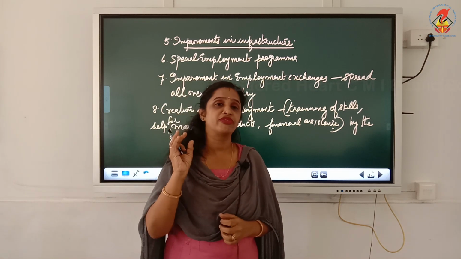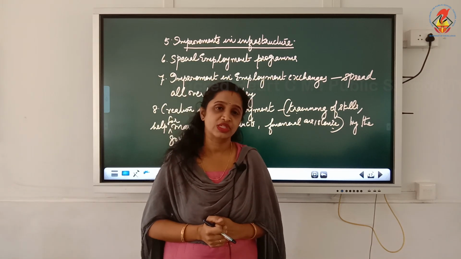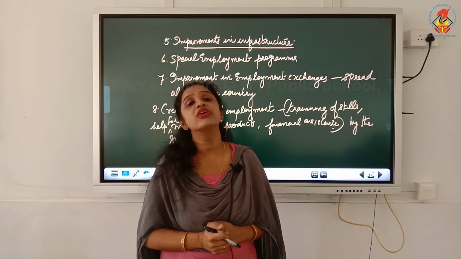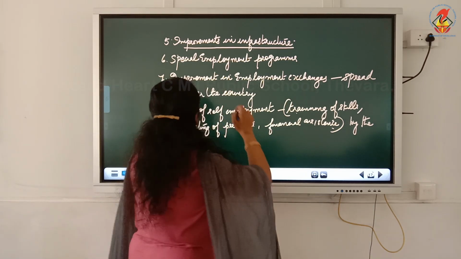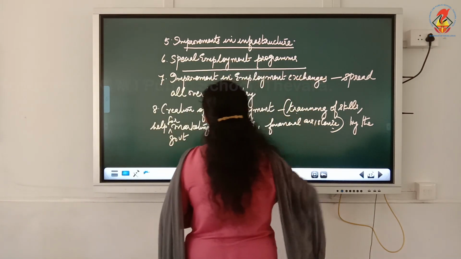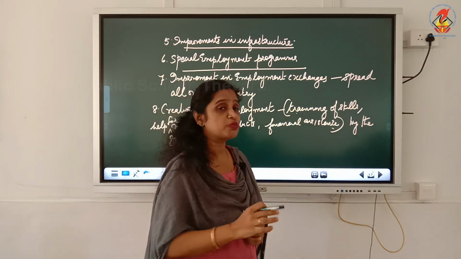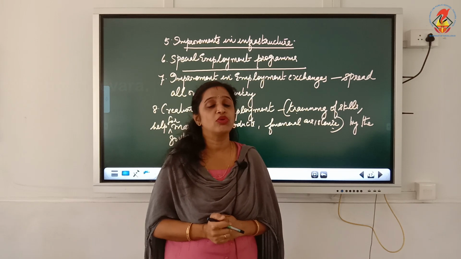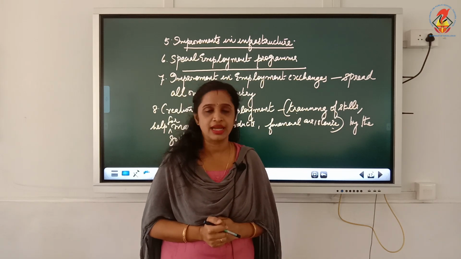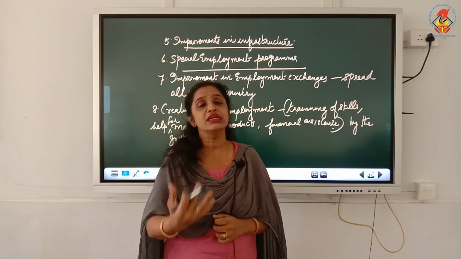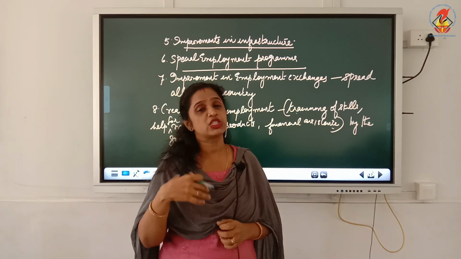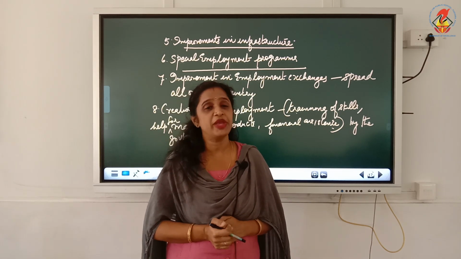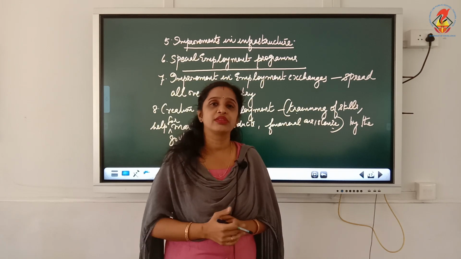More and more labor force will be employed in these areas, so that can eliminate the problem of unemployment. Next one is special employment programs. Government should initiate special employment programs in such a way that people in the remote areas should not sit idle. They should be able to earn their living somehow. Therefore, special employment programs should be encouraged by the government.